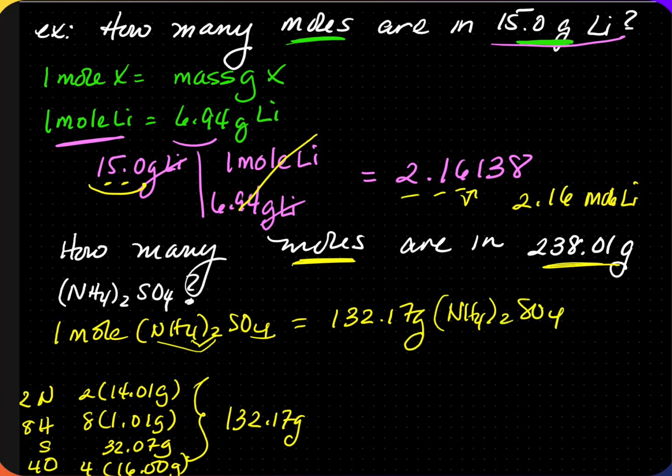So I'm going to start with what's given. What's given is 238.01 grams of ammonium sulfate. Again, we need to write our elements in units. Diagonal units are the same, so this has to be the same thing on the bottom in order for it to cancel out.